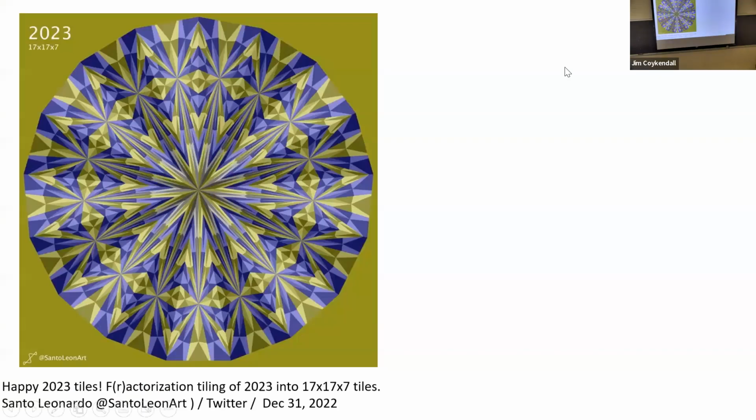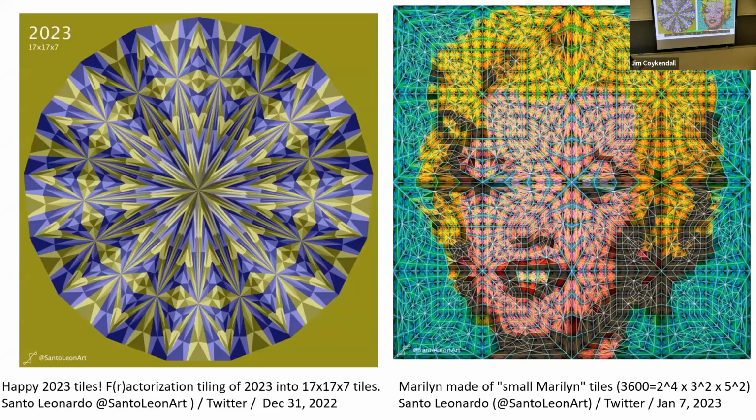Now here we are in 2023, and I showed you the 2023 tiling. It looks pretty, and then we can also change it a little bit. This one also uses the same method, but you choose the number slightly differently. Choose one that is a factor of 4.